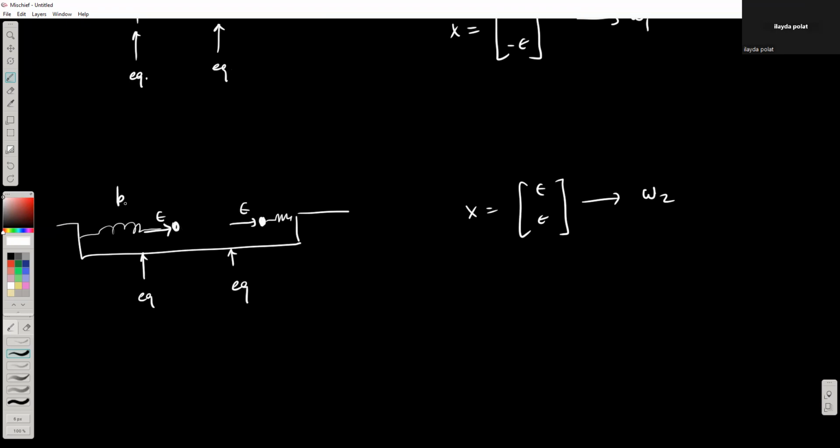In that case, I have an object with mass m connected to a spring, and an identical object connected to a spring with an identical spring constant. If you just look at the motion of that mass, for example, it has a frequency of square root of k over m.